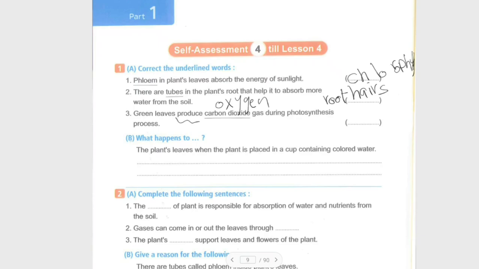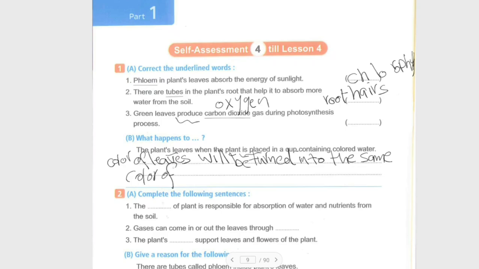Letter B. What happens to the plant leaves when the plant is placed in a cup containing colored water? If we put the plant in a cup full of colored water, what will happen? Let's see our answer. We say that the color of leaves will be turned into the same color of water in the cup.